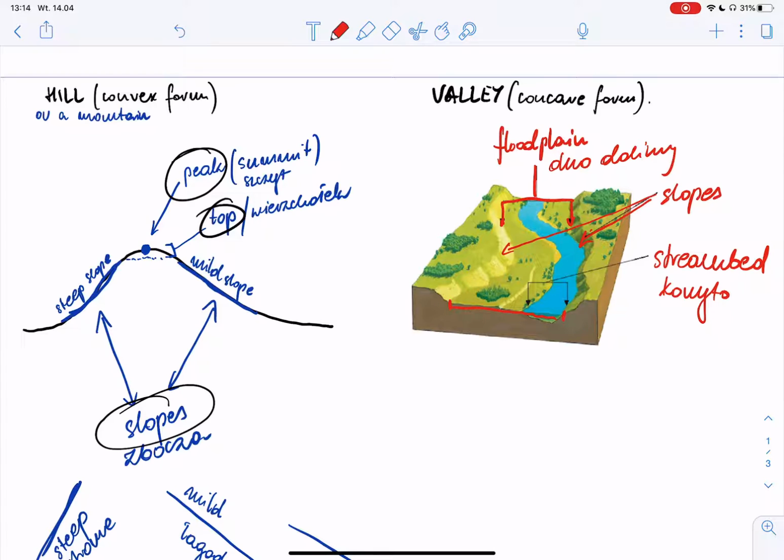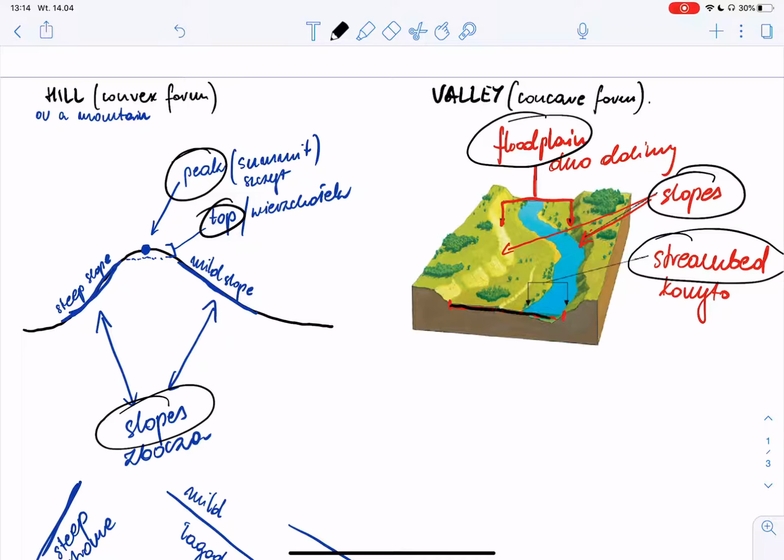So guys, both convex and concave forms each have three elements that I want you to know, which in the case of a valley are floodplain, slopes, and the stream bed. Once again, floodplain is the lowest part of the whole valley. Slopes are the ones that connect the floodplain of the valley to the surrounding area, which is usually higher, and the stream bed is the place where the river flows.